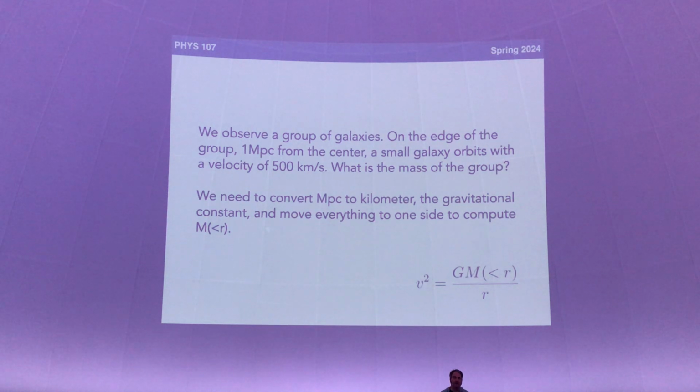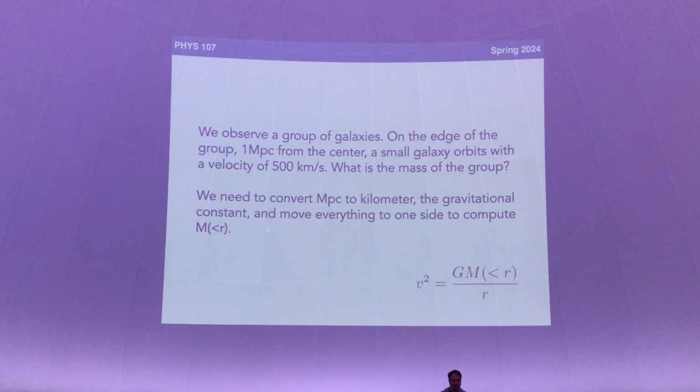Okay, if I have to convert megaparsecs to kilometers, I need to know what that unit conversion is, right? So you can say 1 megaparsec is 10 to the really large number of kilometers, and turn it into meters. The gravitational constant is also in meters, so it's in the international system of units.